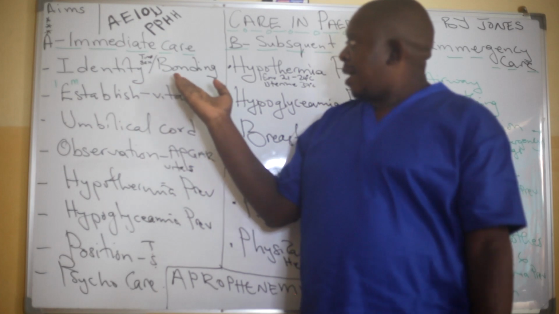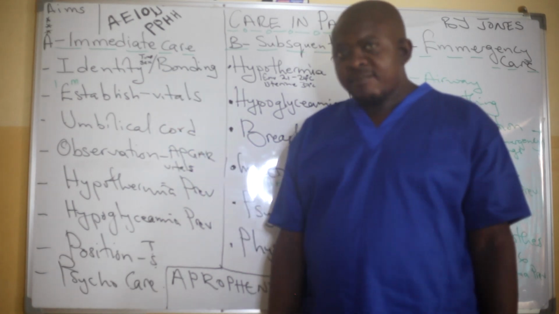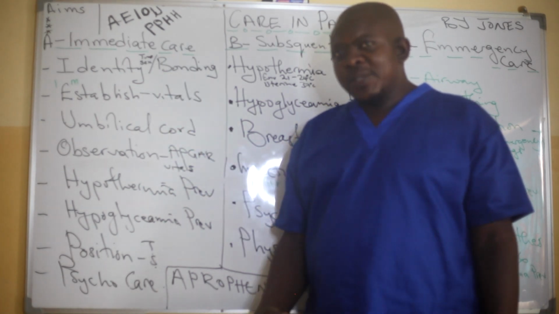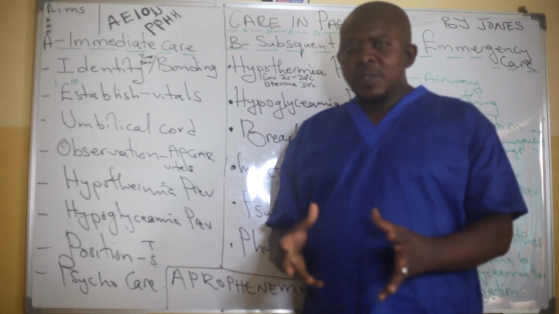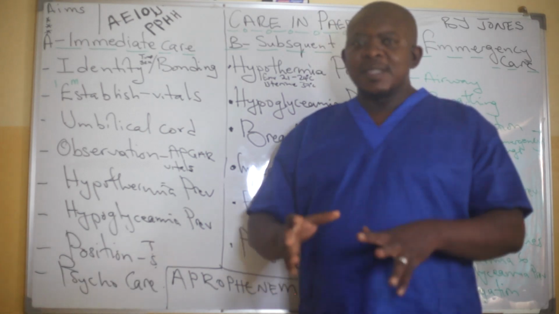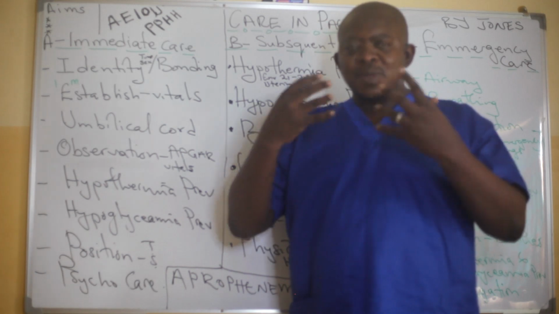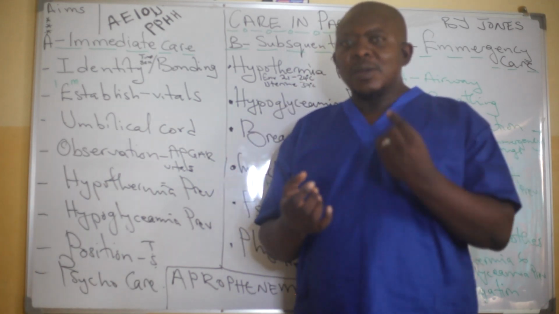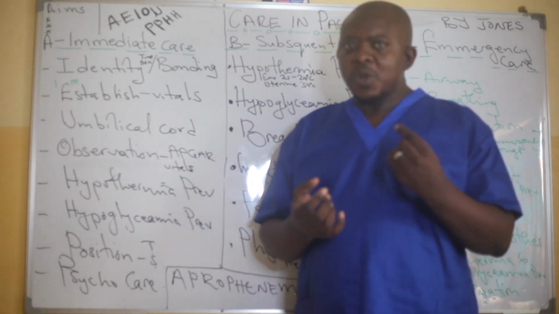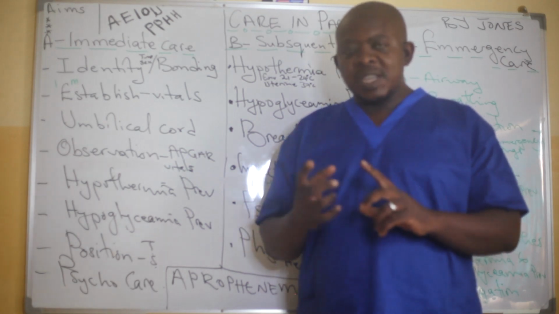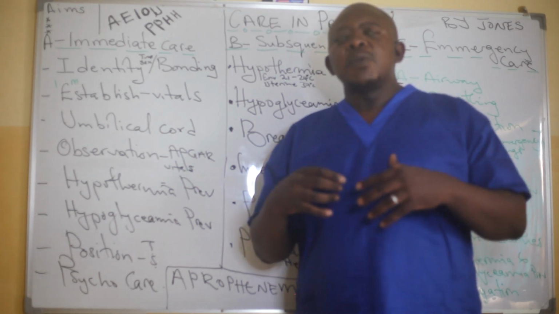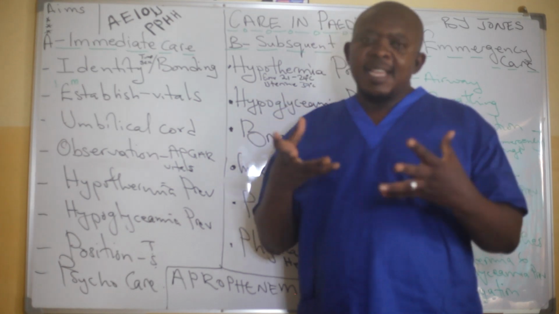But deliberately, I also added bonding to it. Bonding is very important. When the baby is born, you have to show the baby to the mother. Due to the contrast difference between the environment of the uterus and the outside environment, when the baby is born, it opens its eyes.